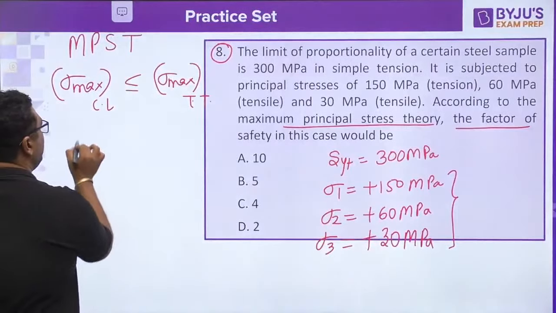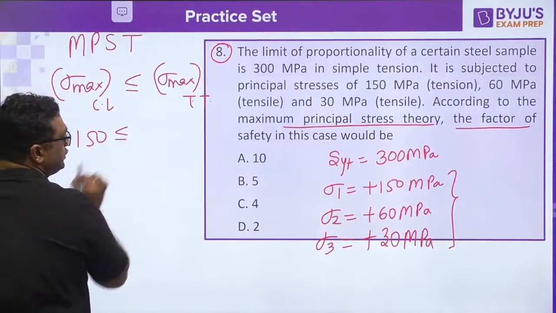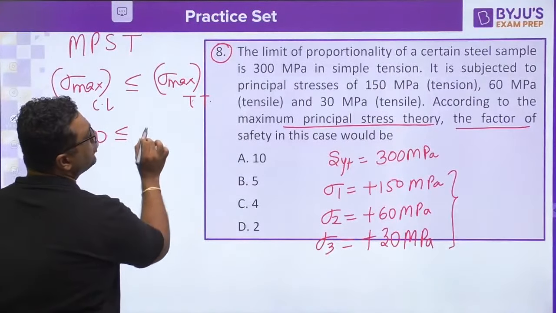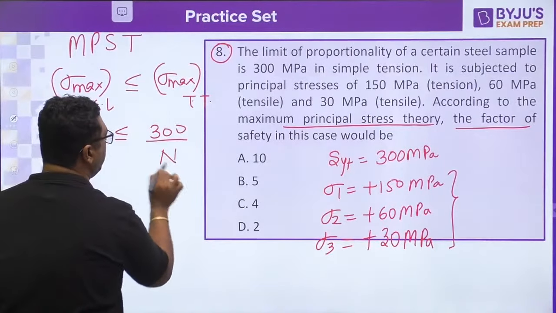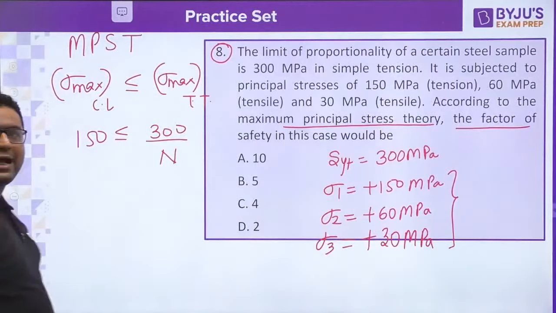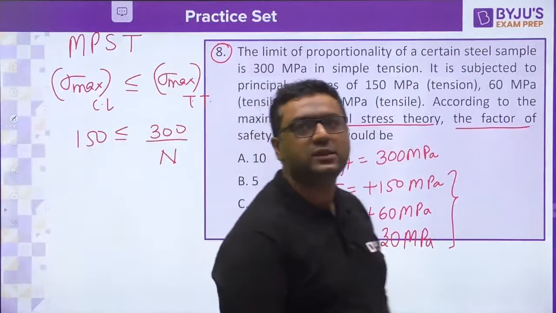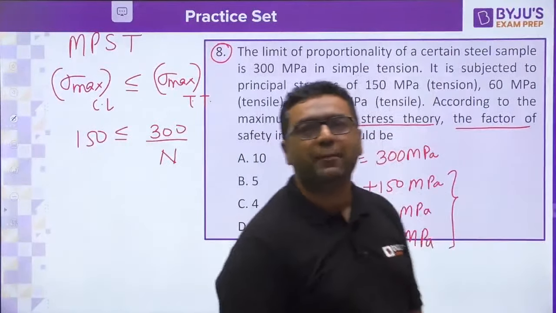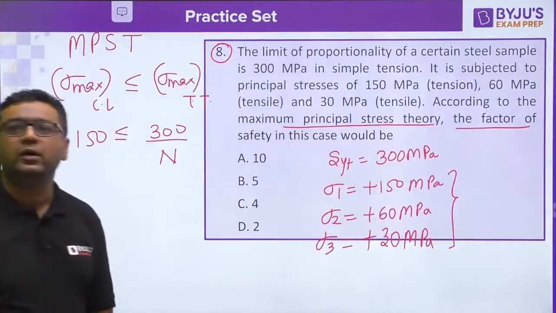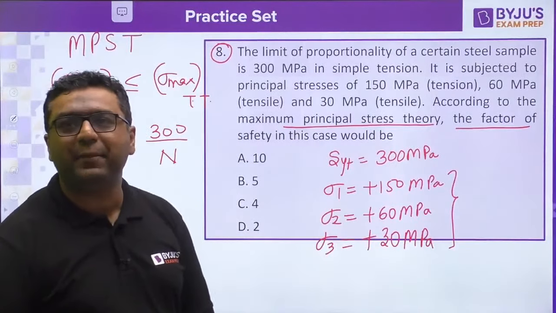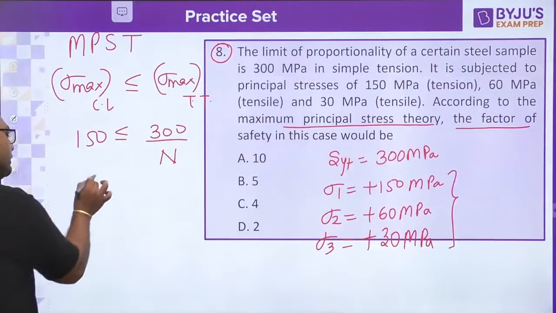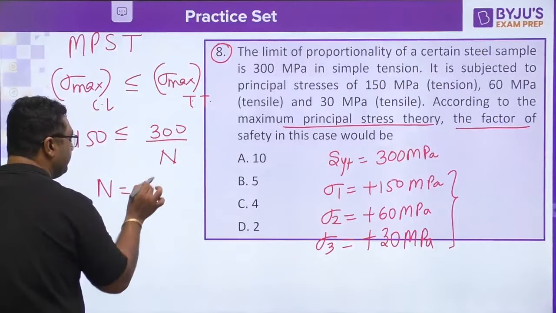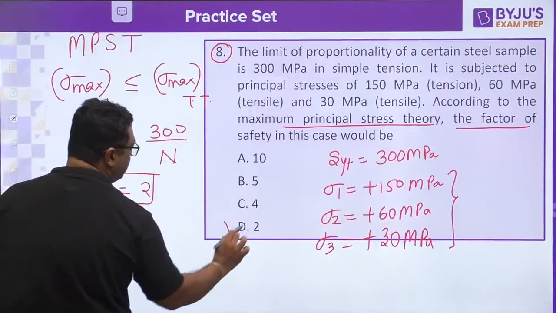So 150 is less than or equal to 300 divided by factor of safety. I feel all of you have got it. Parvinder, Rama Teja, Pranav, Dhey Mehta and Manipal got it. The answer is going to be 2, guys.